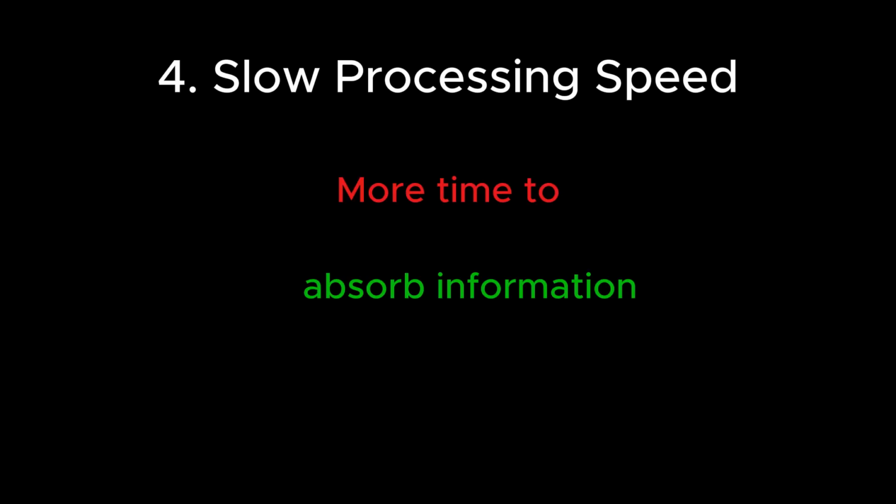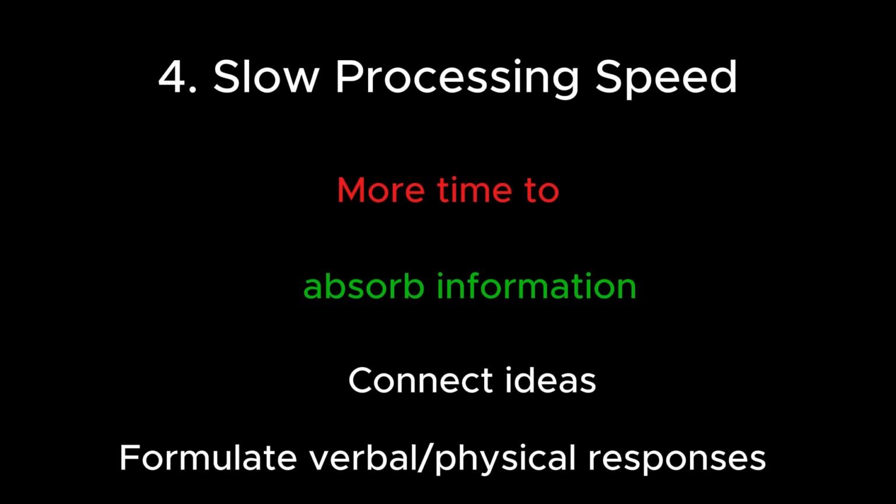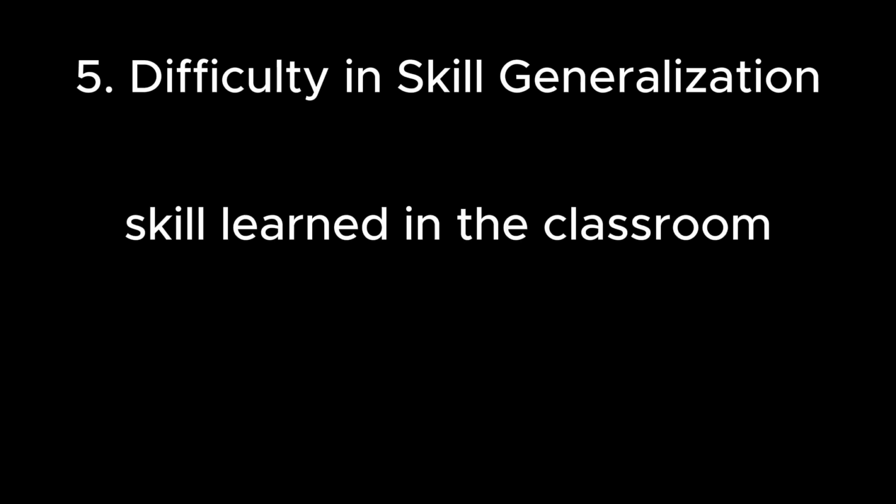4. Slow processing speed results in taking significantly more time to absorb information, connect ideas, and formulate verbal or physical responses. 5. Difficulty in skill generalization manifests in struggles to take a skill learned inside the classroom, such as counting plastic coins, and apply it in a real-world setting like a grocery shop. 6.